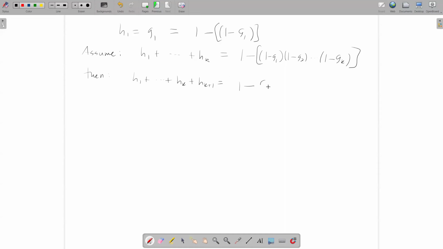1 minus (1 minus g1)(1 minus g2) ... (1 minus gk), plus hk plus 1, which is equal to (1 minus g1) product out to (1 minus gk) times g(k plus 1).